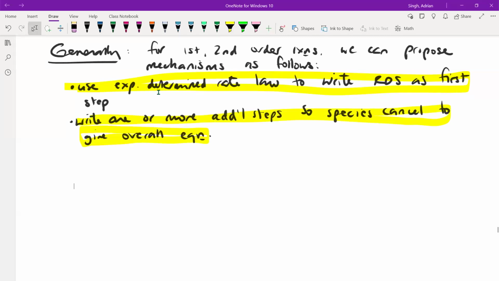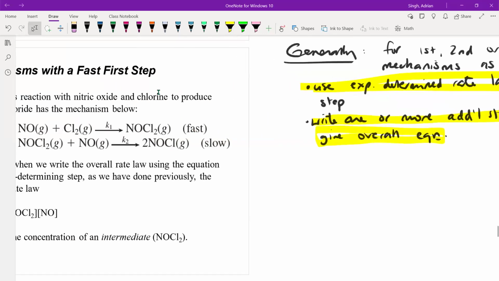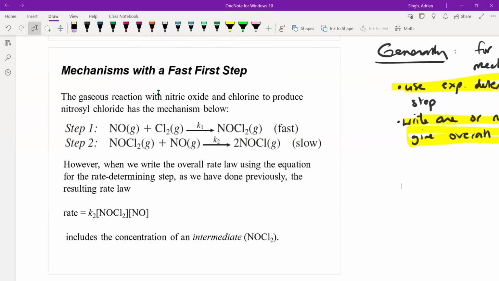However, sometimes we encounter a reaction where the experimentally determined rate law is suggesting to us a very unlikely scenario. So for example, if we take a look at the reaction between nitric oxide and chlorine, we're going to write out this overall reaction first for this example.